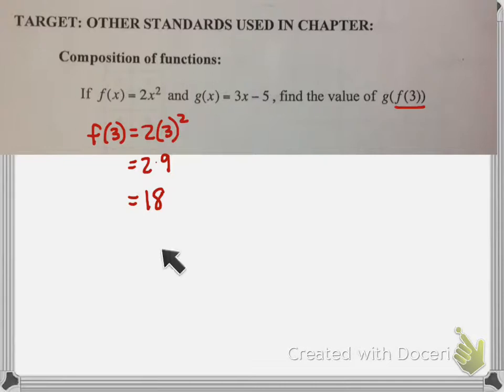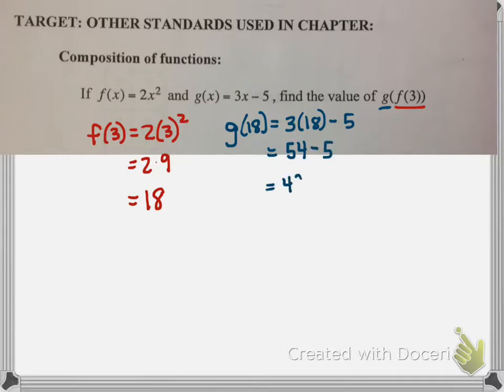Now I'm going to take that 18 and plug it in as my new input to g. So g at 18 is 3 times 18 minus 5. You'll do 54 minus 5 equals 49. So that whole composition function, starting from the inside and working out, is g at f at 3 equals 49, when we do both of those steps.